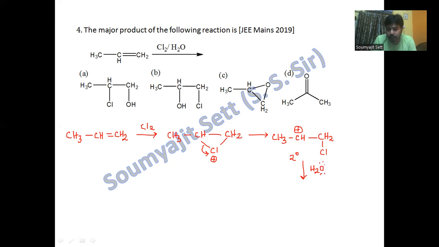So water will attack. Minus H plus. What will we get? We will get CH3, CHOH, CH2. Okay. So the CH3, CHOH, CH2 option.